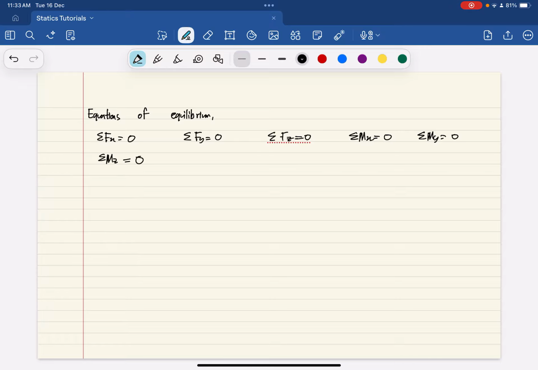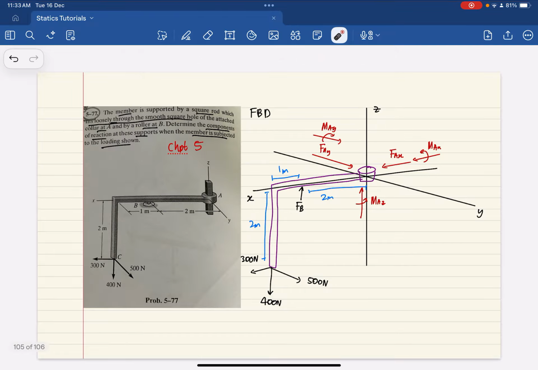We have 6 equations of equilibrium, and like I said before, we have 6 unknowns. So we can solve this problem. Let's proceed.